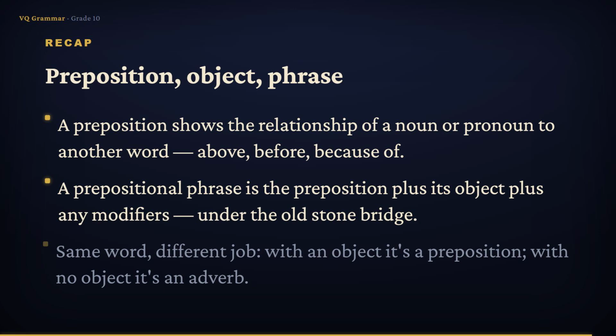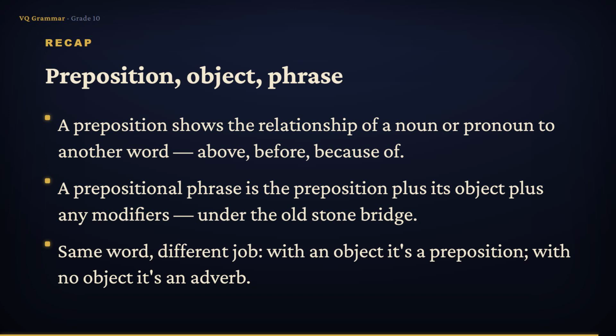And keep this last one close, because it settles almost every hard case. The same word can do 2 different jobs. If it has an object, it's a preposition. If nothing follows it, it's an adverb. Practice spotting these, and sentences will start to open up for you.